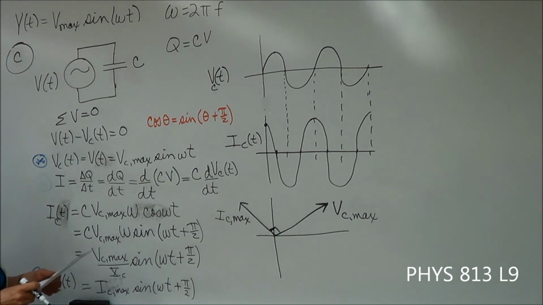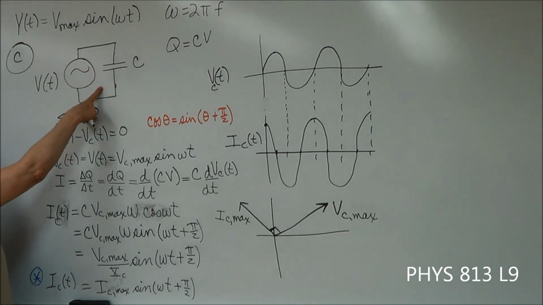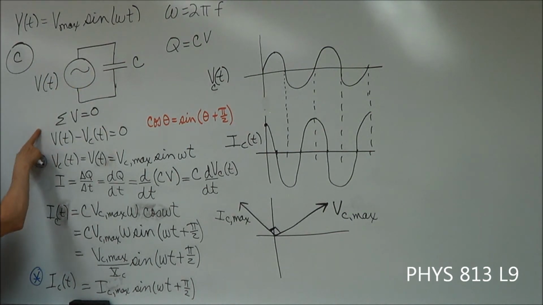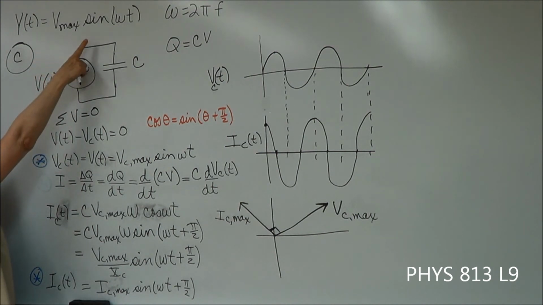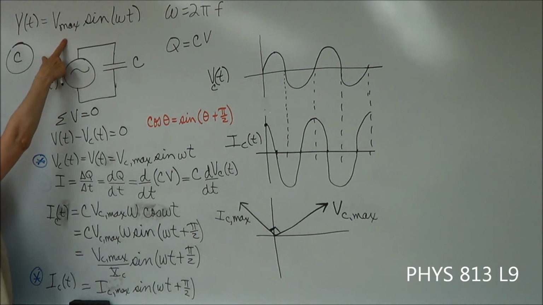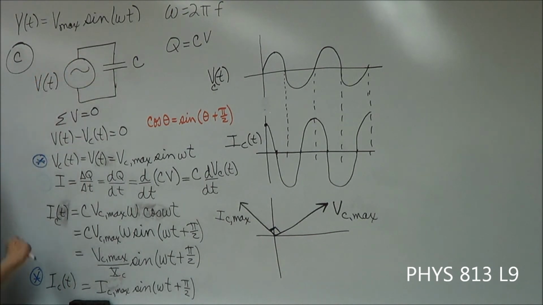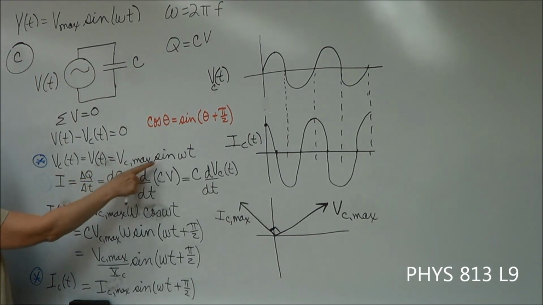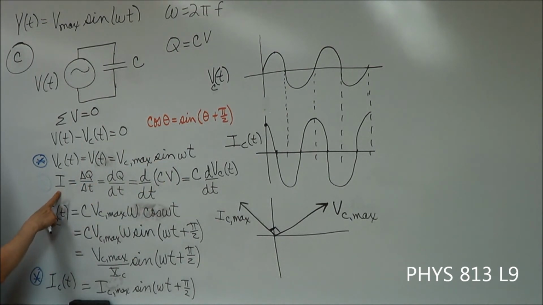Okay? So now we've done the same thing for the capacitor that we did for the resistor. We start out with our diagram. We apply Kirchhoff's rule. We have our voltage oscillating, with an amplitude of V max, oscillating with sine omega t. And then we want current. We have to figure out how current is related to a capacitor. We know the definition of current is the time derivative of charge.